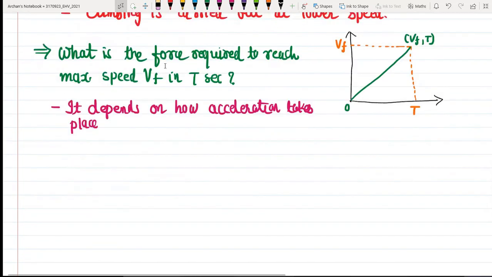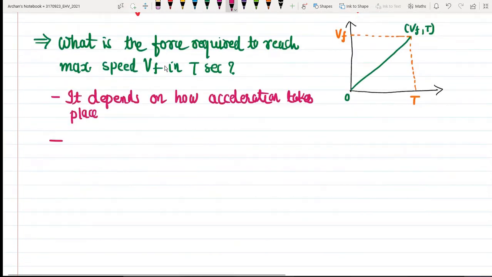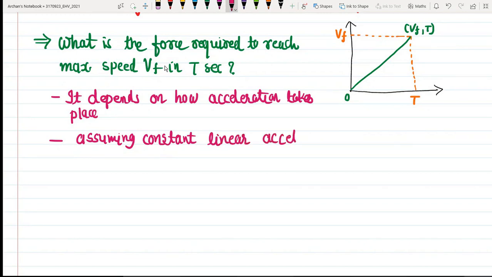Okay, so we have assumed our first kind, that is linear acceleration. Assuming constant linear acceleration.